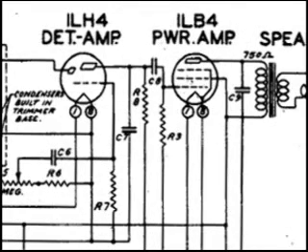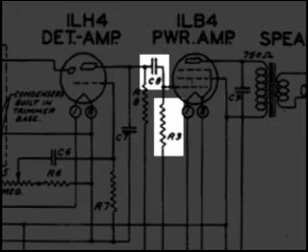Now here's a wiring diagram, and if we take a look at the output tube, the 1LB4, we can see that the grid voltage is 0.0 volts, and the control grid voltage for the 1LH4 is 0.1 volt.